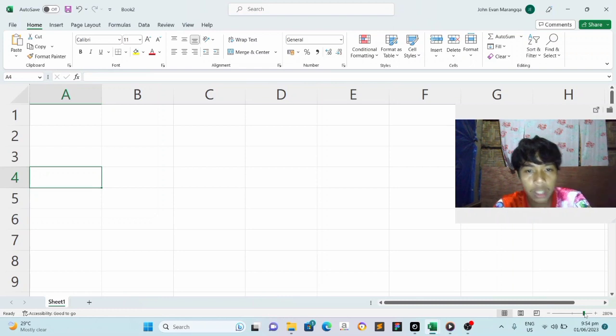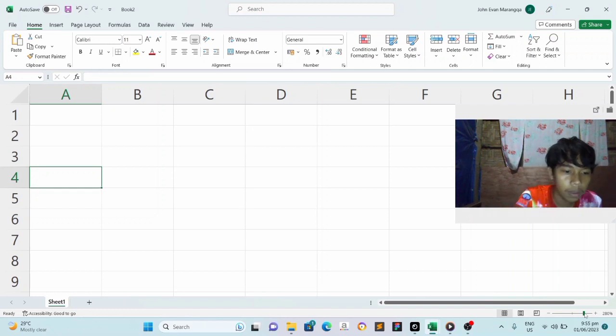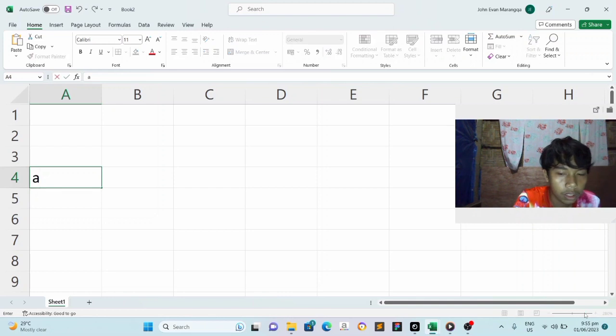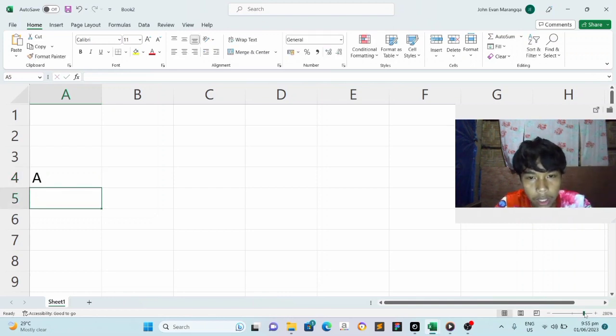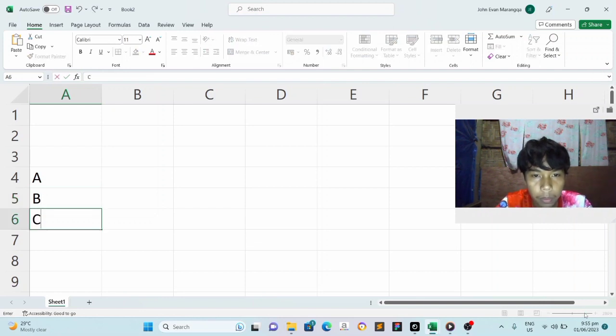To understand it, let's consider a simple example. Suppose we have a set of objects with distinct labels such as A, B, and C. We want to find the number of possible arrangements when each object can only be used once.